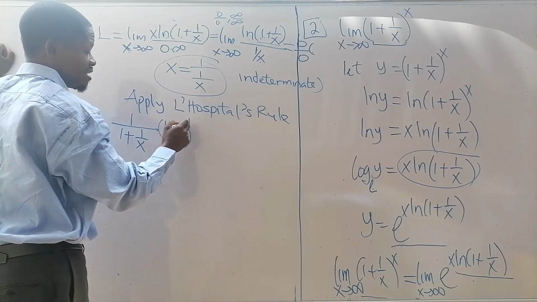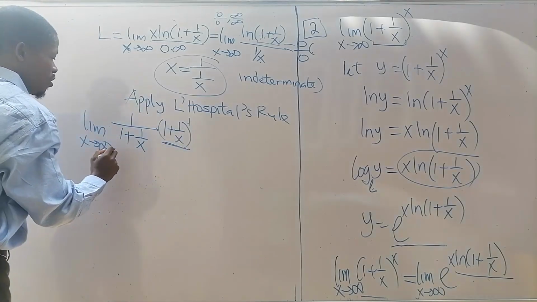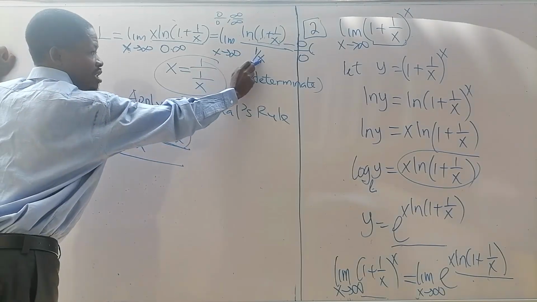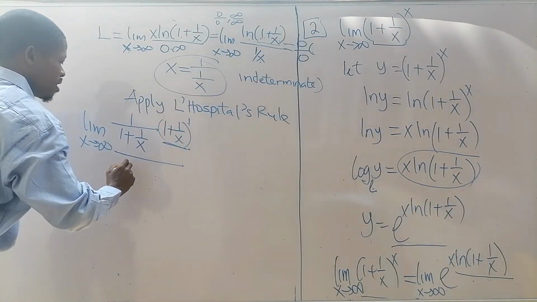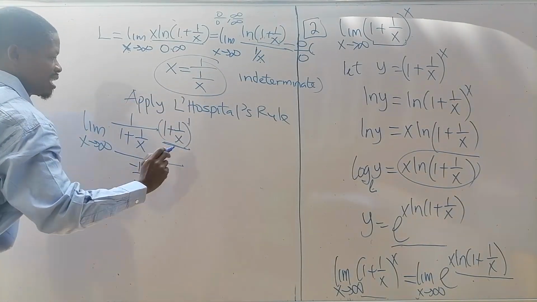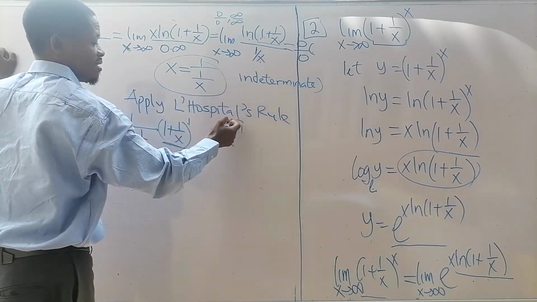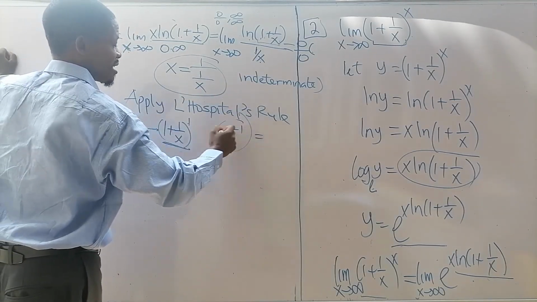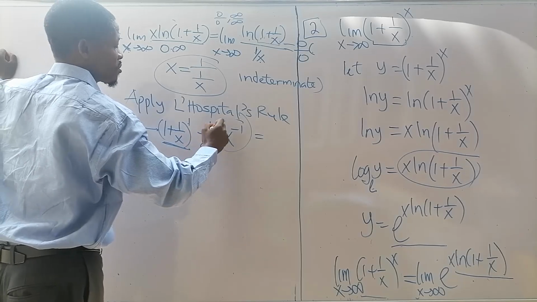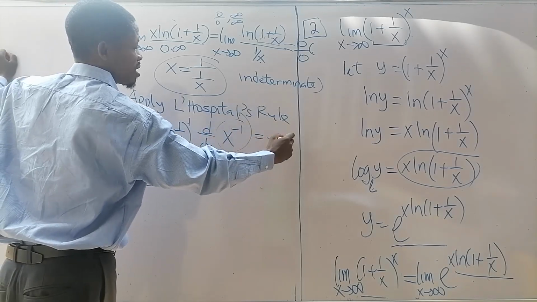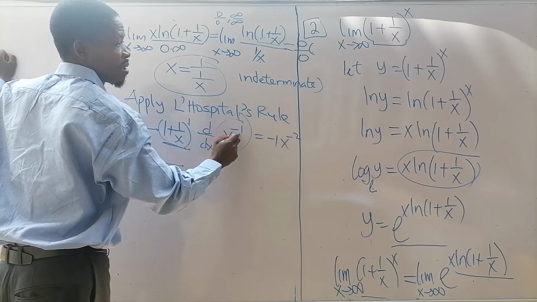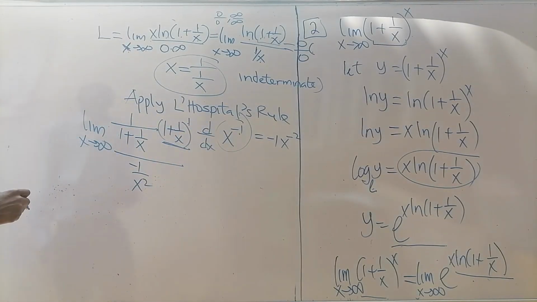The prime is just the derivative of this inner function all over this one. If you differentiate this one, it's going to give you minus 1 over x squared. Let me explain that. This 1 over x is the same as x to the power minus 1, so if you differentiate that, it's going to give you minus 1 times x to the power minus 2. So that's what we have now.